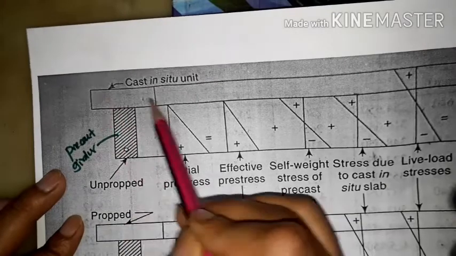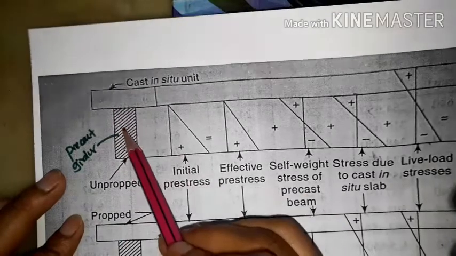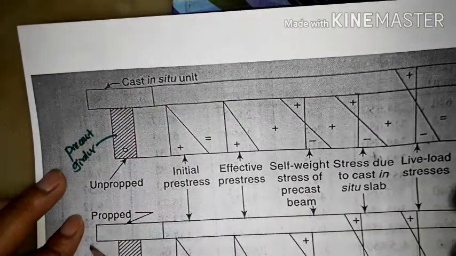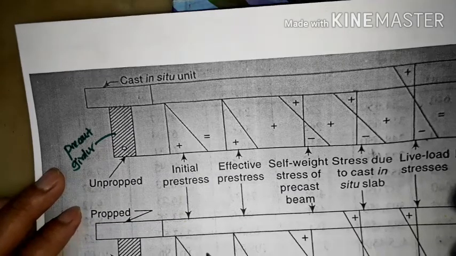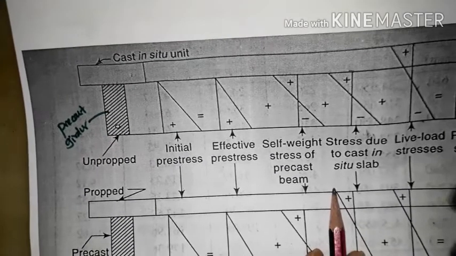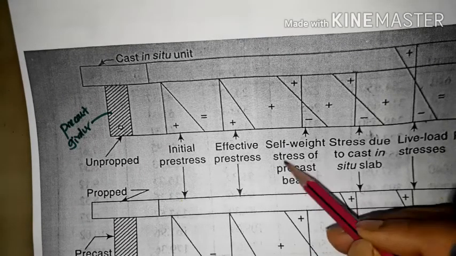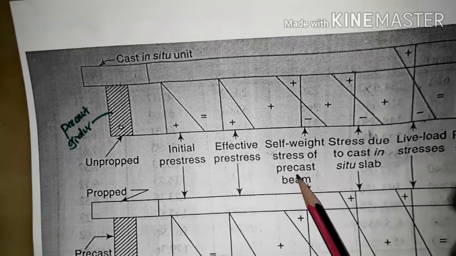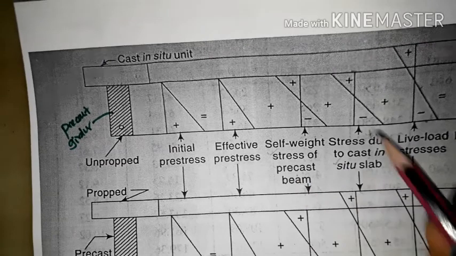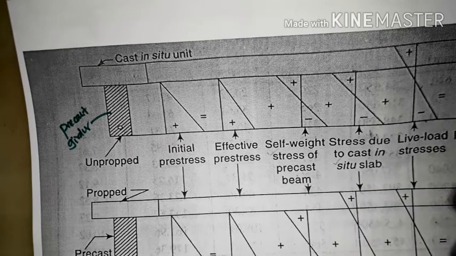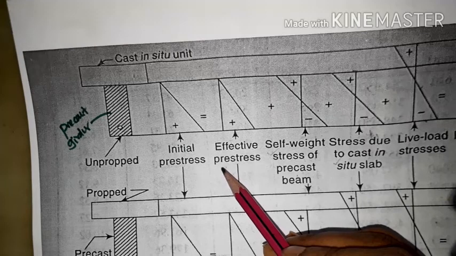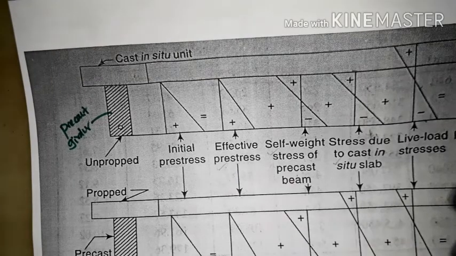Okay, this is the cast in situ concrete, the flange part cast over this precast girder. Then how will the stresses develop? As I discussed just now, we have to consider the stresses due to self-weight of the precast beam, then the self-weight of the cast in situ slab, and the stresses due to effective pre-stress.